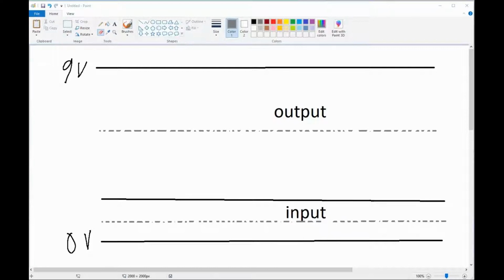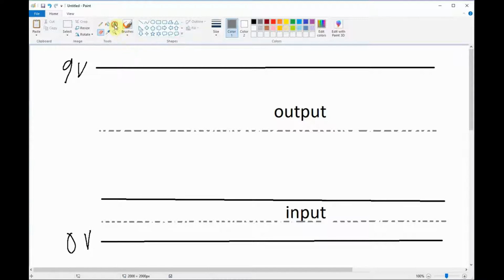Okay, I drew that, and you can tell I'm not a graphic artist, that's for sure. But my point is, you've got this much space right here for input. You've got this much space for output. You're starting at 0 volts, 9 volts. So maybe you have like 7 here and 2 there. Depends on how you do it.